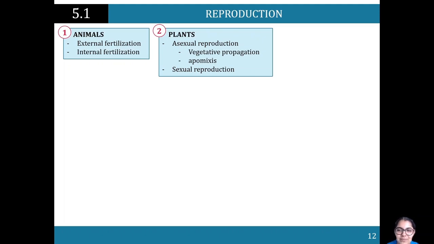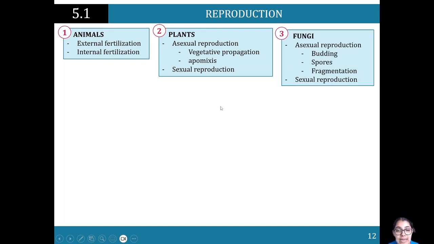So I was just saying, for example, with animals where you looked at internal and external fertilization, you should obviously know what the process is, and you should be able to talk about the advantages and disadvantages of each. Same thing with plants, and you want to know examples of more popular methods of asexual reproduction versus sexual reproduction and how that occurs.